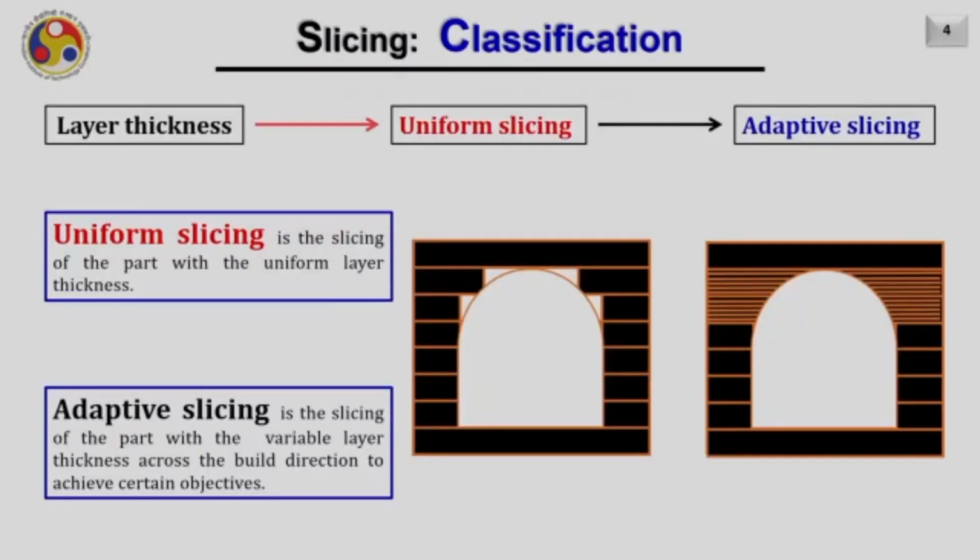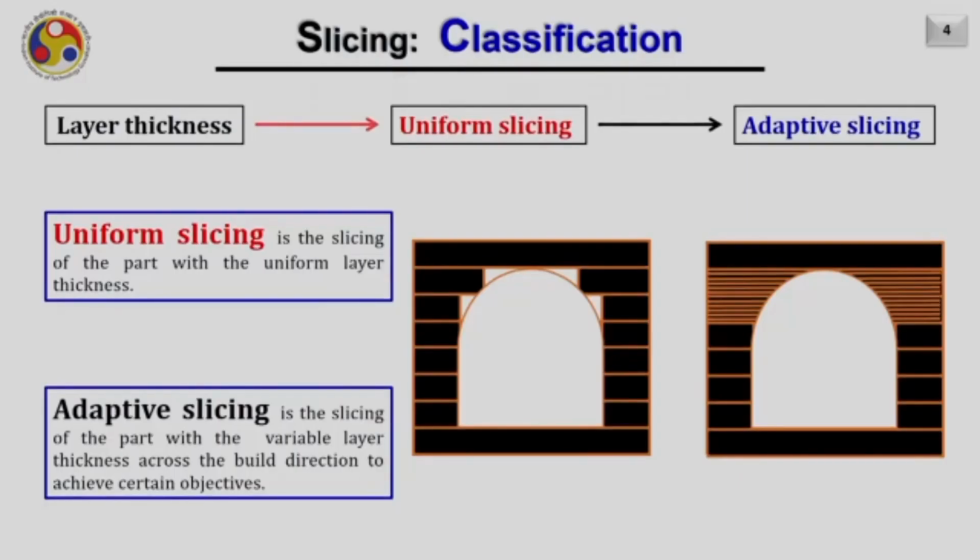The other classification for slicing is based on the layer thickness. Either we are using uniform layer thickness or adaptive layer thickness. Uniform slicing is the slicing of the part with uniform layer thickness, while adaptive slicing is the slicing of the part with variable layer thickness across the build direction to achieve certain objectives.